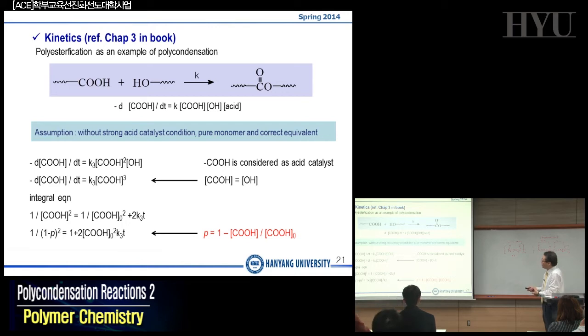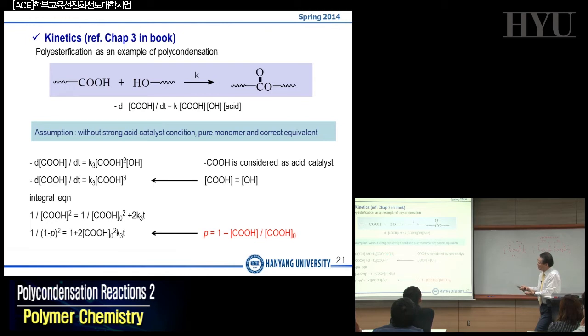The K times acid here is regarded as K3, so that the rate of consumption of a carboxylic acid is equal to K3 times the COOH concentration to the square, where the acid concentration is the carboxylic acid concentration, so it could be carboxylic acid concentration to the 2 times the hydroxy group.